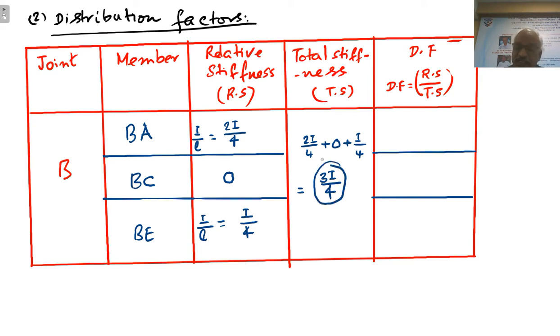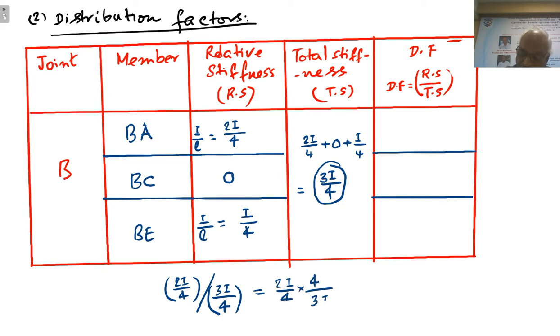So the distribution factor is equal to I by L divided by the total stiffness. For BA it is 2I by 4 divided by 3I by 4, which we write as 2I by 4 into 4 by 3I.